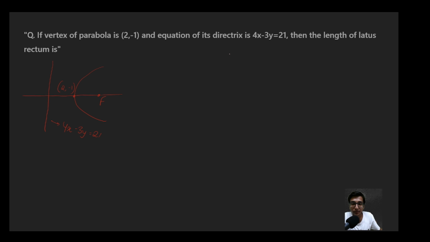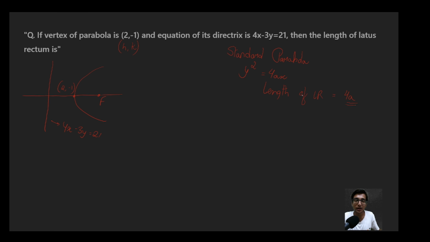So from the standard parabola, by the look of this, you can say that this is not a standard parabola because the vertex is at (h, k). It is not at the origin. For the standard parabola, where we had studied y square is equal to 4ax, the length of latus rectum used to be 4a.